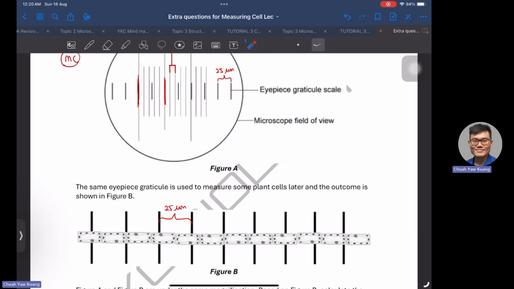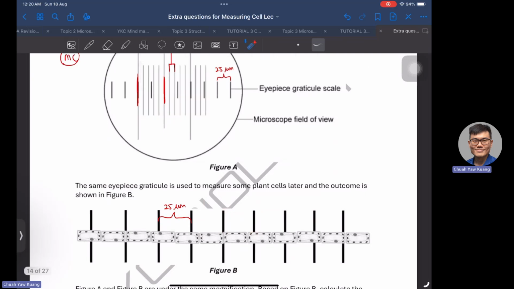But like I mentioned just now, this eyepiece reticule is quite special because it is actually quite huge. Because one pitch of the eyepiece reticule is bigger than normal, we can see clearly in the picture that we cannot use the eyepiece reticule to measure the size of one cell at all, because obviously all the cells here are smaller than 25 micrometer.